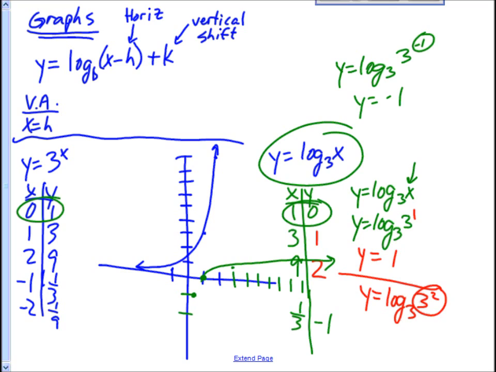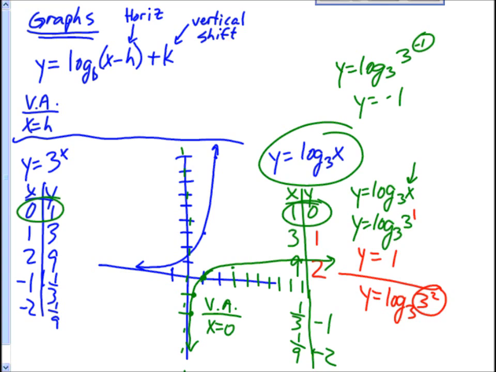The next one I'm going to pick is 1/9, or 3 to the negative 2. Log base 3 of 3 to the negative 2 is negative 2. So at 1/9, I'm down 2, and so on. You see this thing starts shooting down. The closer I get to 0, the further it shoots down. So I have a vertical asymptote here at x equals 0.